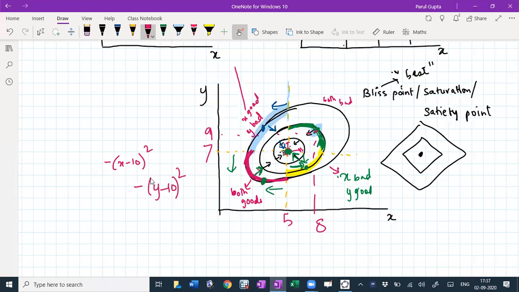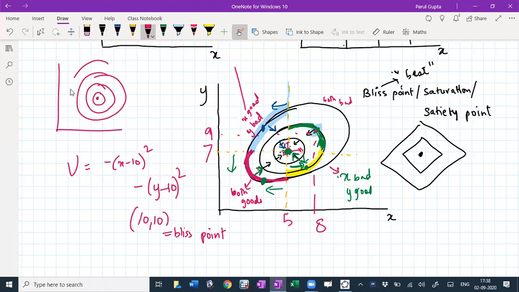If my utility function is this, these indifference curves will indicate that (10, 10) is my bliss point, and so these are circles centered around (10, 10). The further I go, the lower my utility is. My utility increases in this direction because (10, 10) gives me the highest level of happiness.